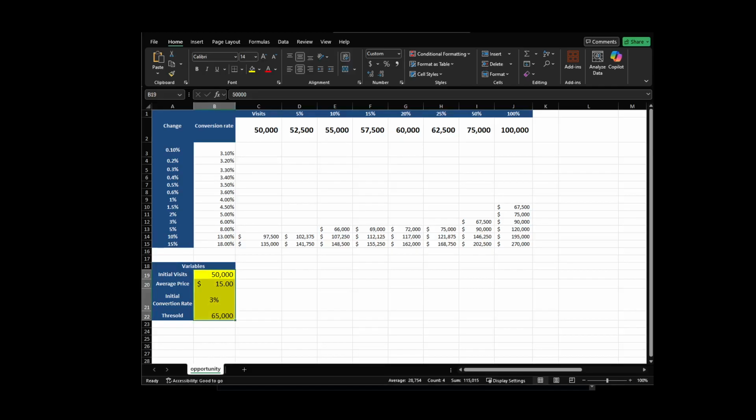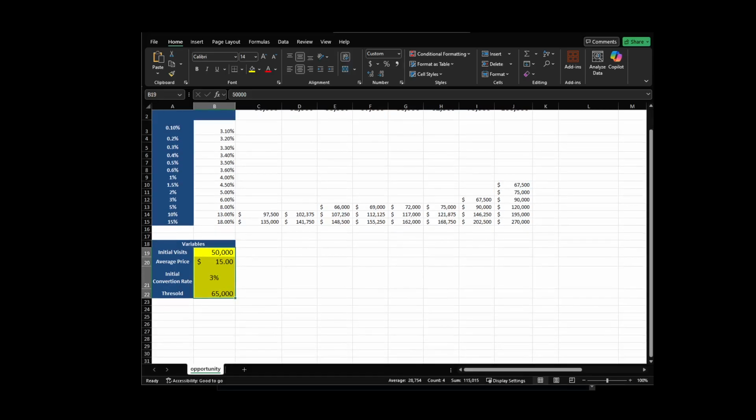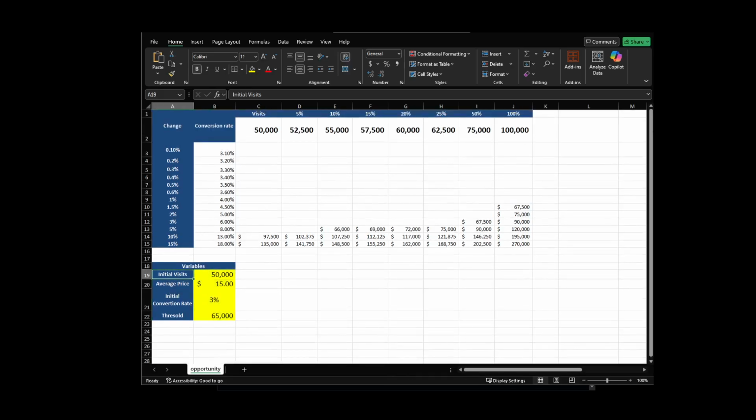First of all, we need to understand the data structure. Our dataset includes key business metrics: initial visits here, average price, initial conversion rate, and the threshold, where the money appears here.